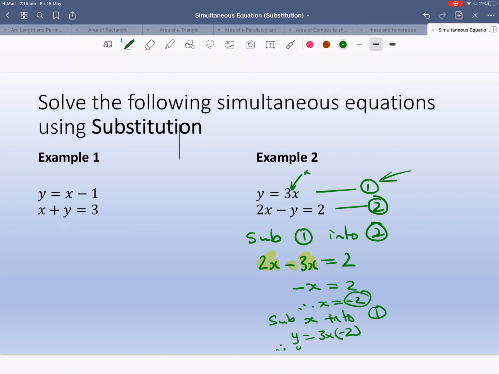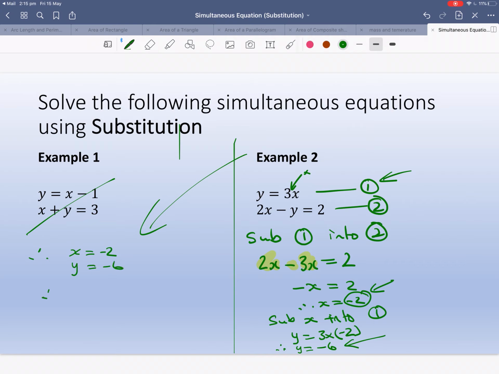So therefore, y equals negative 6. Now, I'm going to go this way to finish my answer, so I'm not using example 1 in this case. So therefore, x equals negative 2, and y equals negative 6. Therefore, if I wrote it as a coordinate, it'll be negative 2, negative 6. And that's it. Hopefully this makes sense.